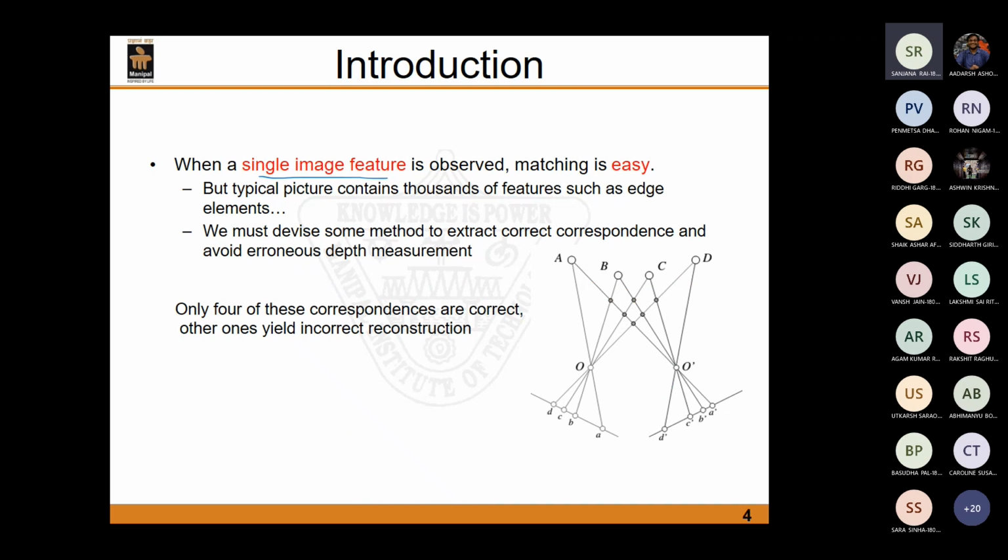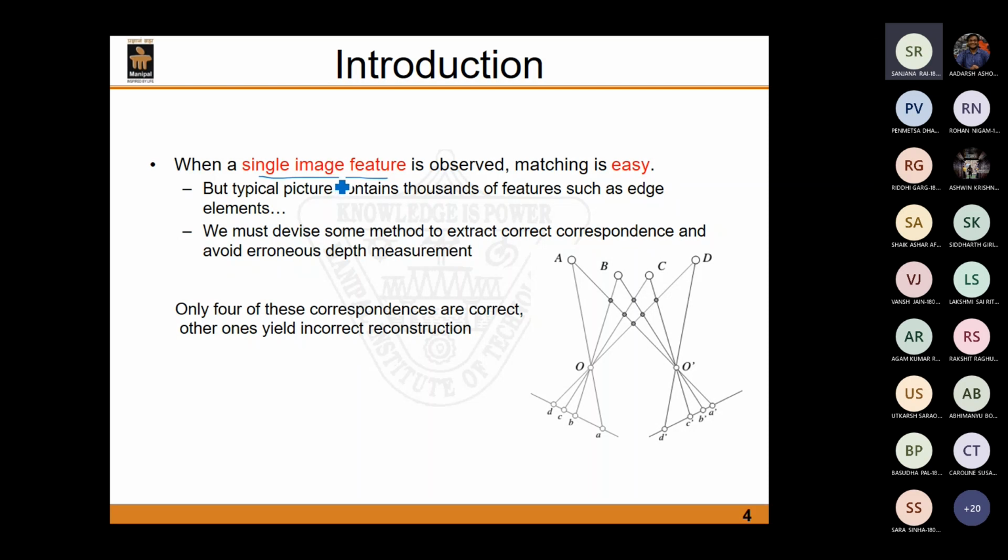But we don't just go about with one single image feature, because what we are trying to reconstruct is not a single point. It may be an object, it may be a scene with several points.